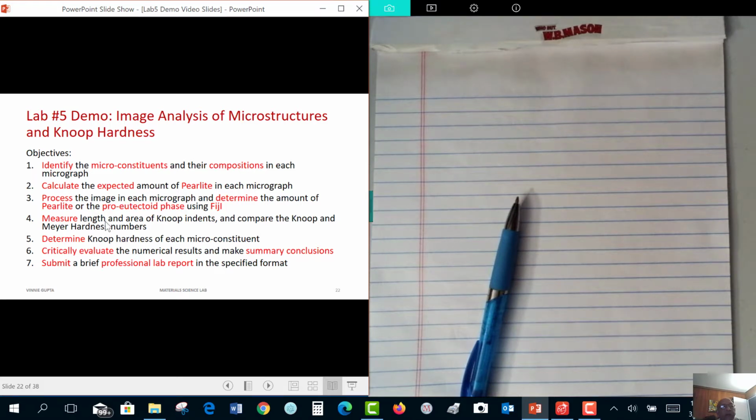And then we are going to look at Knoop indents made into each of these specimens and measure the length and area of these Knoop indents and compare the Knoop and Meyer hardness numbers.